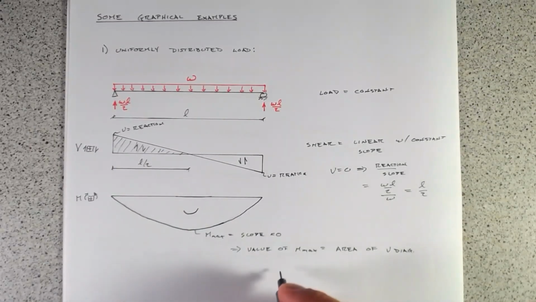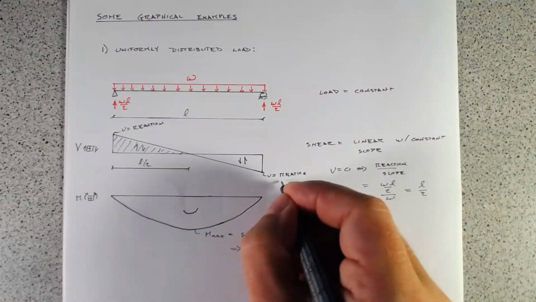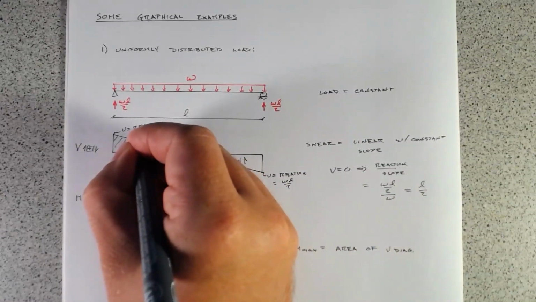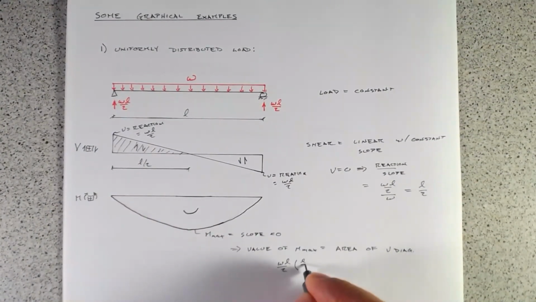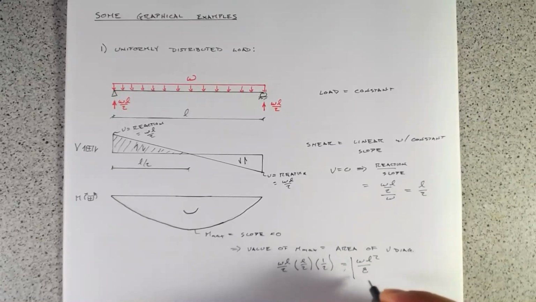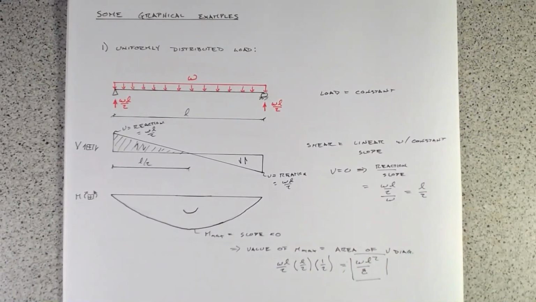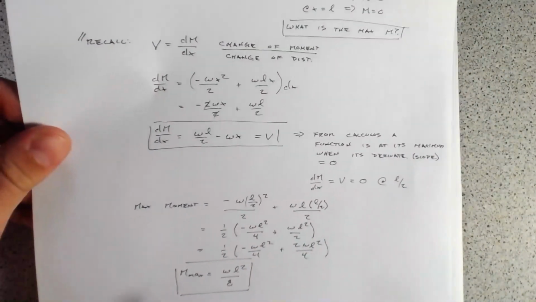So that area is WL over 2, just that reaction there, times L over 2 times 1/2 because it's a triangle, and we get WL squared over 8, which is exactly what we got when we derived it using free body diagrams.